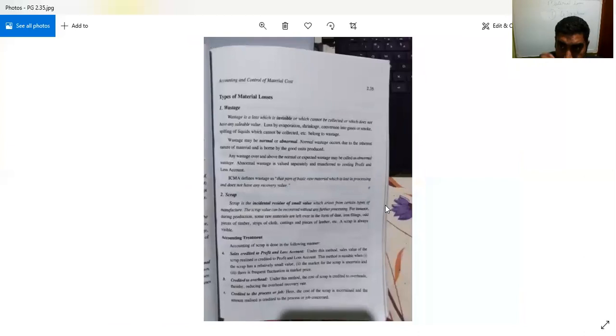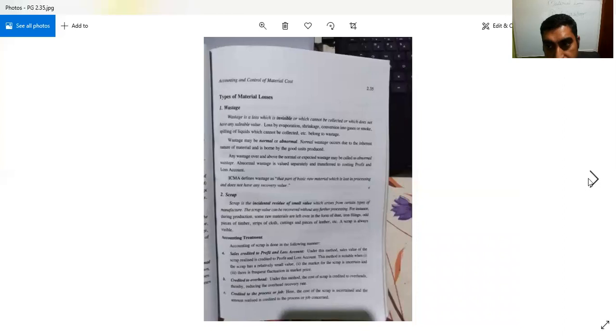So this is the visible item that is to be derived from the production of a material, and also it is the incidental residue of small value which arises from certain types of manufacture. ചില തരത്തിലുള്ള manufacture production ചില items നമുക്ക് വീണ്ടും അത് ഉൽപ്പാദിപ്പിക്കാൻ പറ്റില്ല, പകരം അത് വിറ്റ് കളഞ്ഞാൽ കുറച്ച് എമൗണ്ട് കിട്ടും. ആ എമൗണ്ട് ആണ് the saleable value that is to be realized from the scrap item. So that thing is to be credited to the P&L account, the overhead account, as well as the job or a process. So this is the scrap.